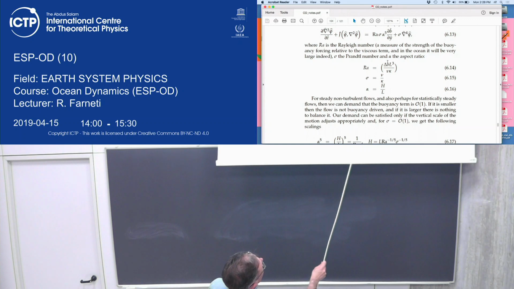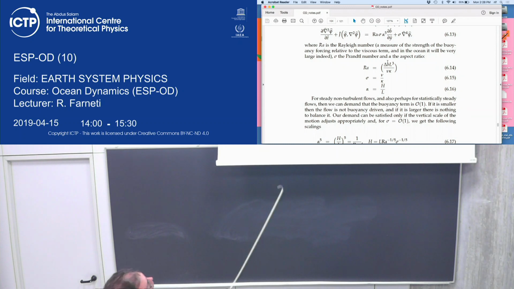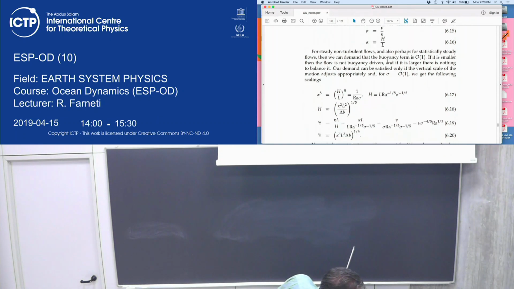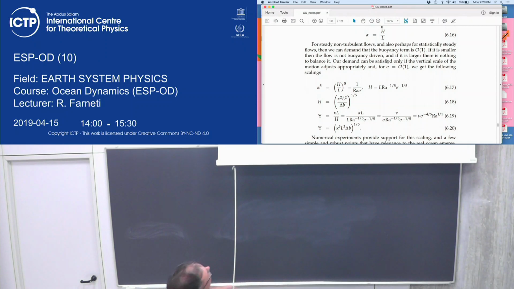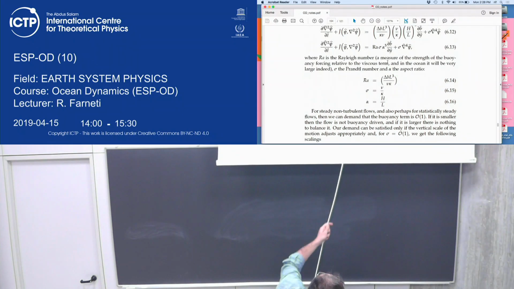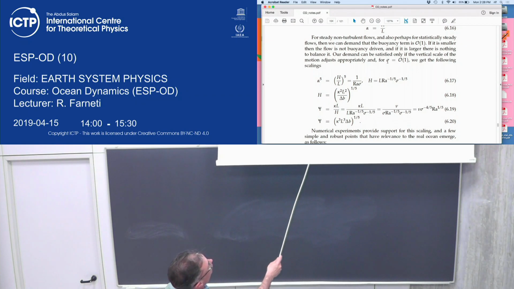That can only be true if the vertical scale h over L is set accordingly, and so we also set sigma of order 1. Alpha, the aspect ratio, appears as alpha to the 5th, h over L to the 5th, which if you rearrange gives you this.